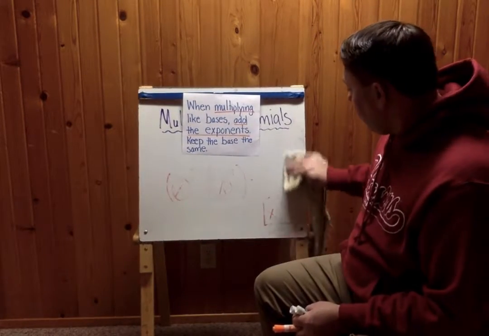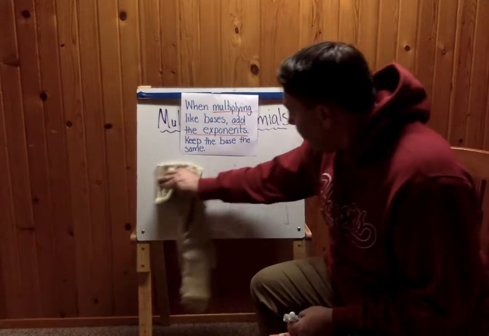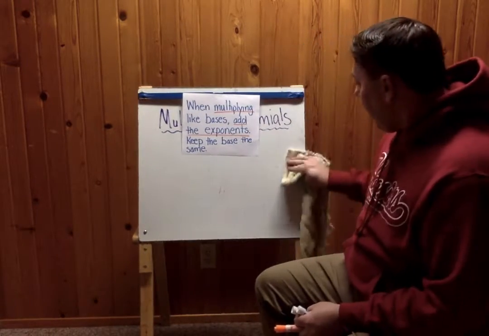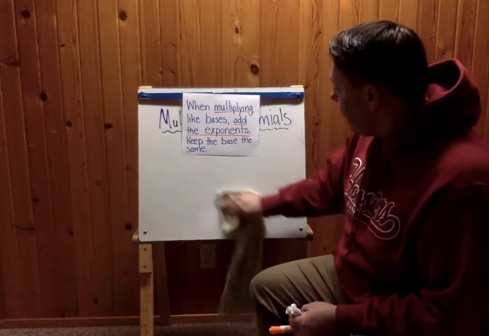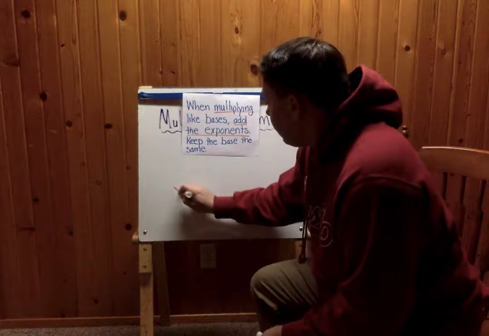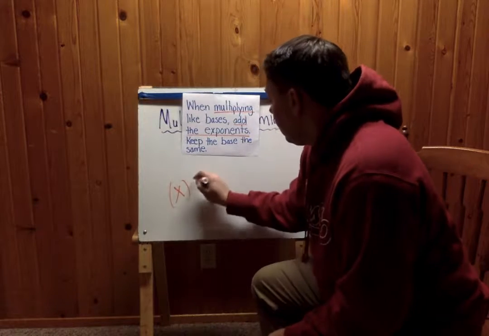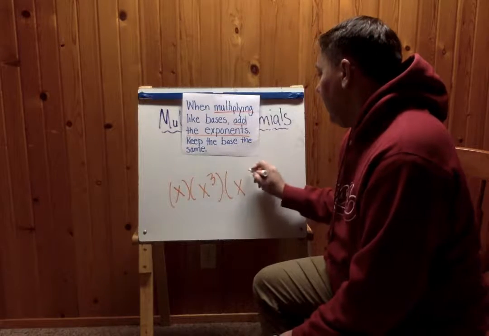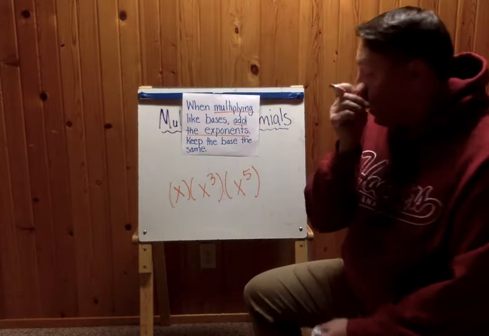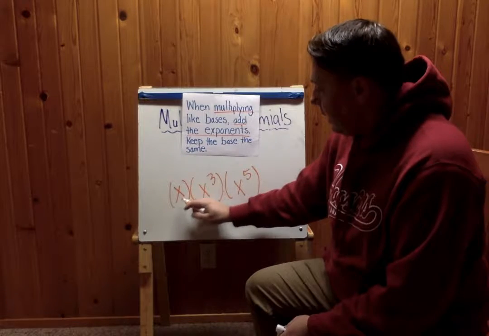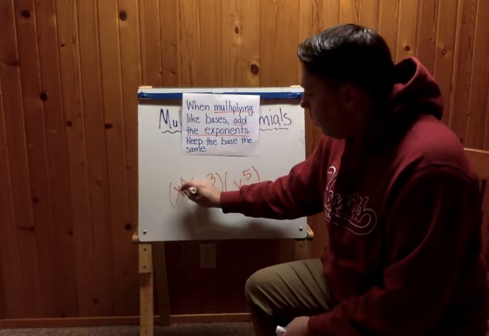Okay, right there. So sometimes we have situations where the exponent is a 1. I want to talk about that situation. So when multiplying like bases and you don't have an exponent, you're going to have an exponent of 1. So let's say we have x times x to the third times x to the fifth. Well, there is still one factor of x here, and it's understood that there would be one factor.